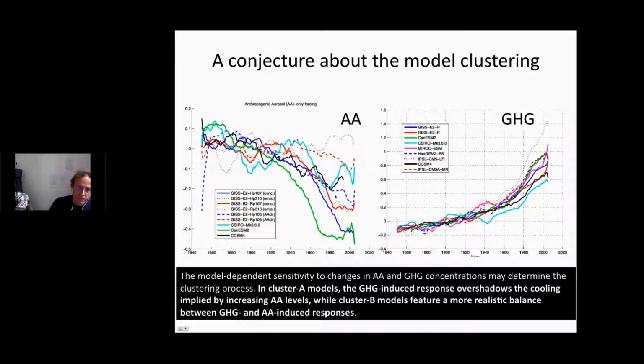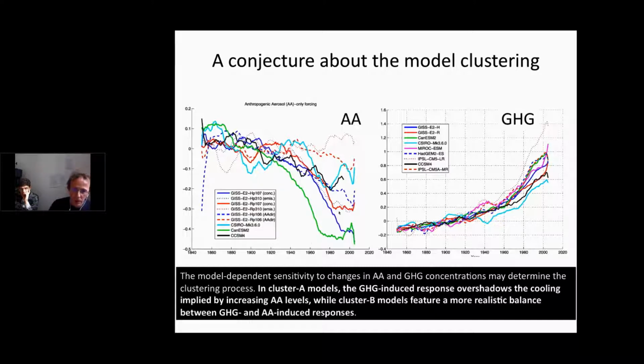And this large spread in the response to anthropogenic aerosols is dictated by the way single models represent, for example, the cloud microphysics and the way clouds respond to aerosols. Certain models do not include this indirect effect of the aerosol. They only include the radiative effects, which are due to the backscattering of solar radiation by the aerosols.